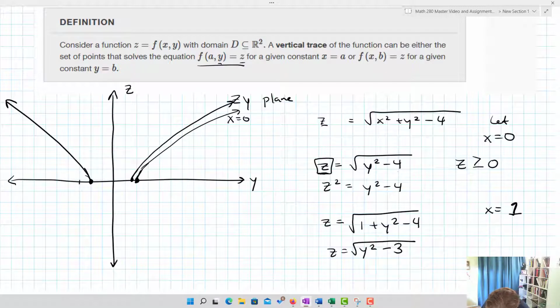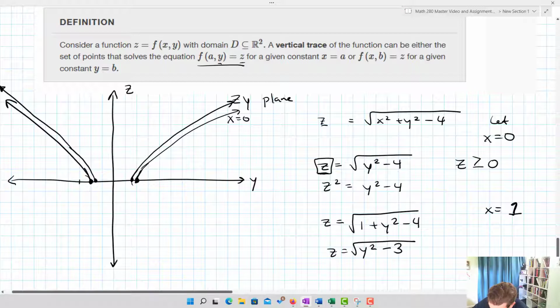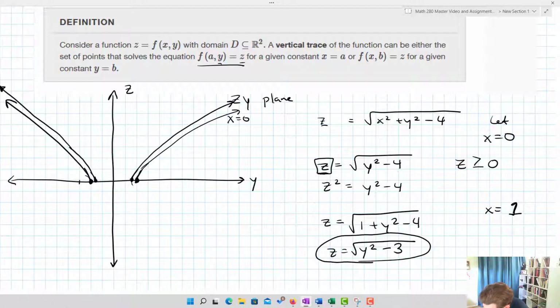We're now at the square root of 3 instead of the square root of 4. And that's going to be our set of points. So actually our domain for this part, z equals the square root of y squared minus 3, has moved inward.